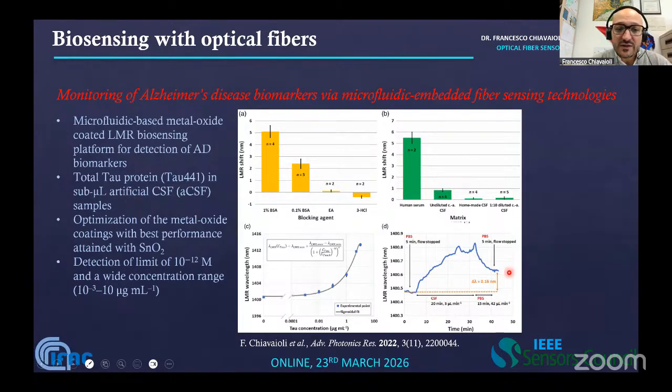We did all the tests in terms of optimization of blocking agents to avoid non-specific interaction. We studied the complexity of the matrix using different types of matrices, we retrieved the calibration curve, and we also tested the non-specific level of the signal.